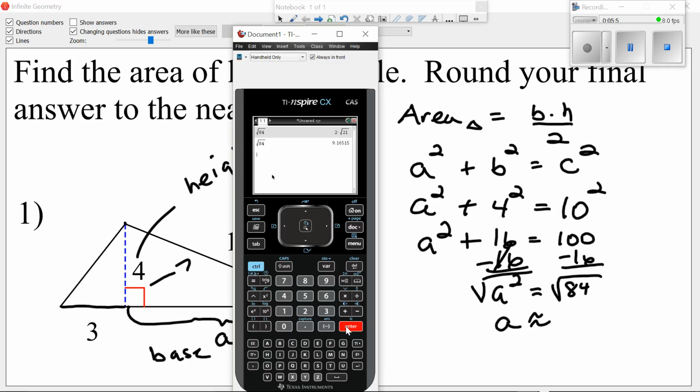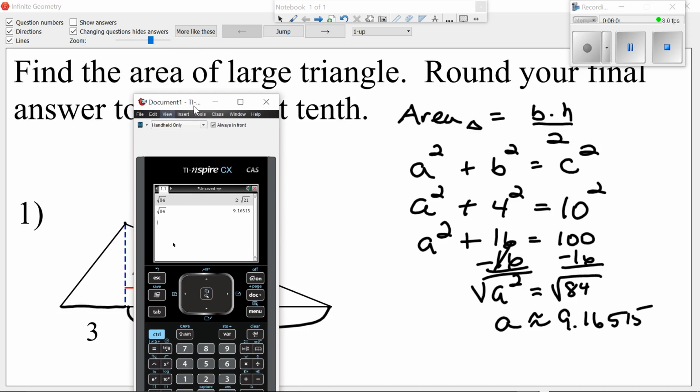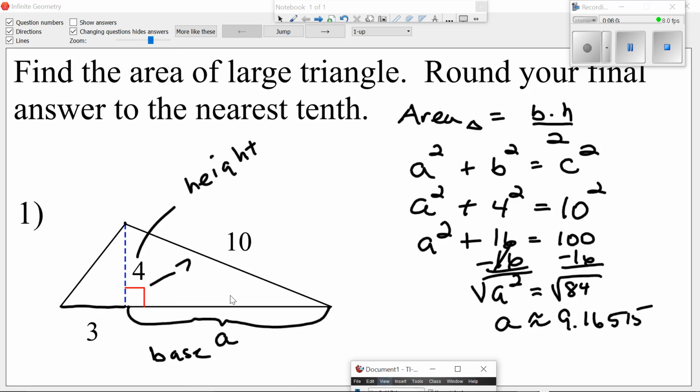So I hit Control and Enter, okay, which will give me 9.16515. So that's my approximate answer for A. And I come over here and I basically just fill it in. You don't have to, but it's, oops.